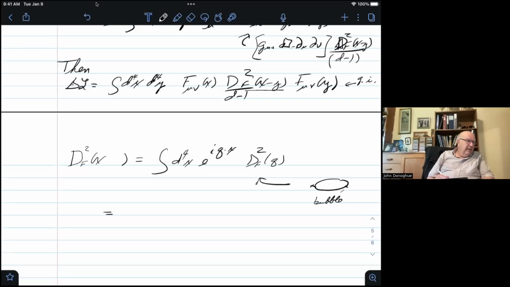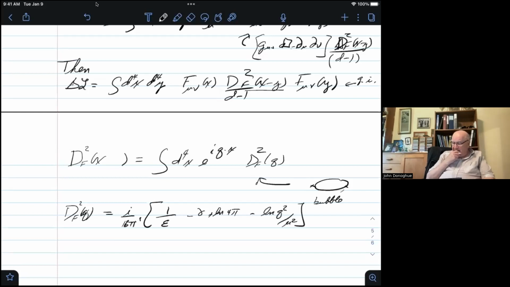And this can then be, this dF squared of q is I over 16 pi squared, 1 over epsilon. I'm doing dimensional regularization, minus gamma plus log 4 pi minus log q squared over mu squared.